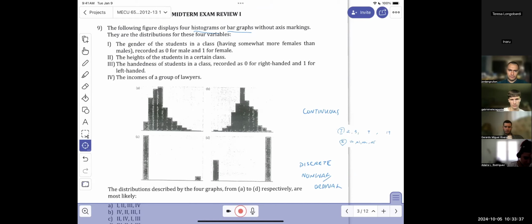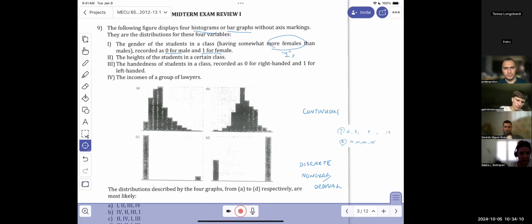All right, so the gender of the students in a class having somewhat more females than males, and male is 0 and female is 1, and there's more females, so more ones. Which one would that be? More ones. There's just 2 observations.